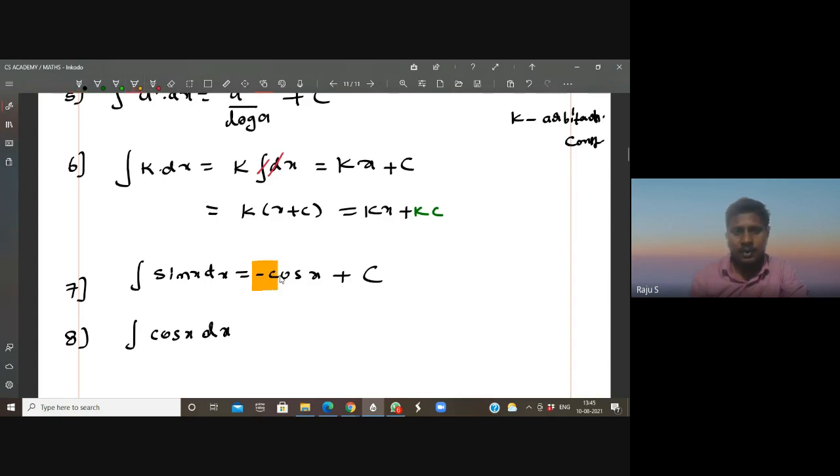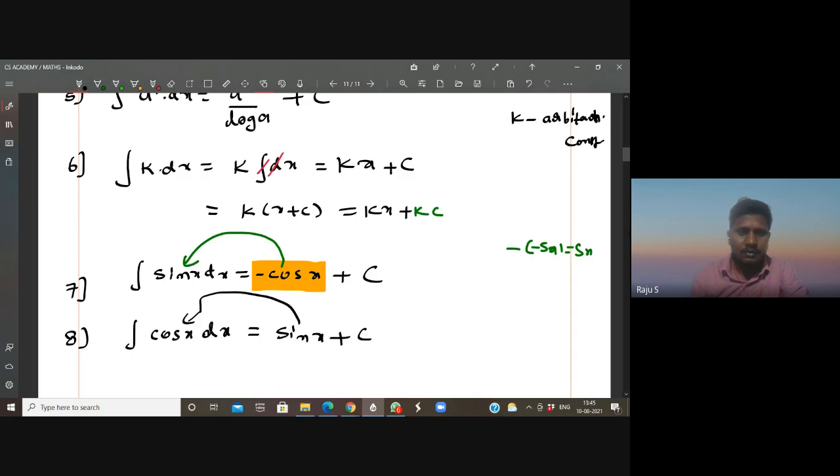If you have doubt, you can differentiate this; you will get sin x. The derivative of minus cos x is minus minus sin x, which is plus sin x. You can differentiate the RHS and you will get the LHS. So integral of cos x is simply sin x plus c, because the derivative of sin x is cos x. That's all.